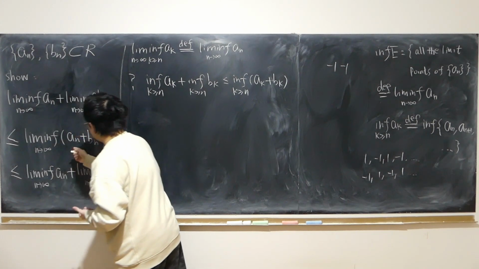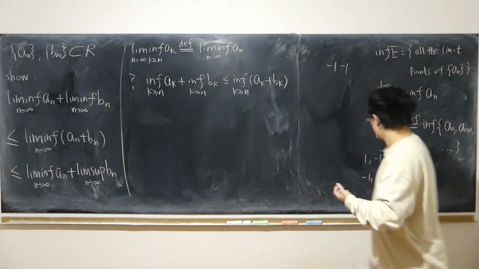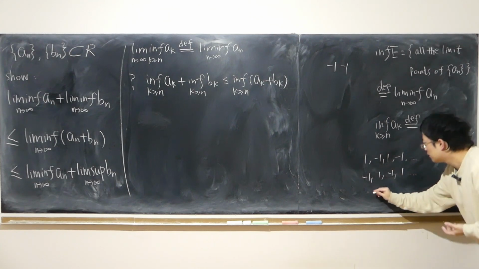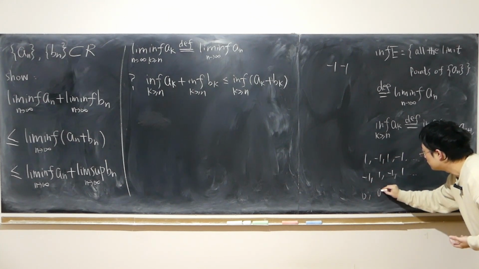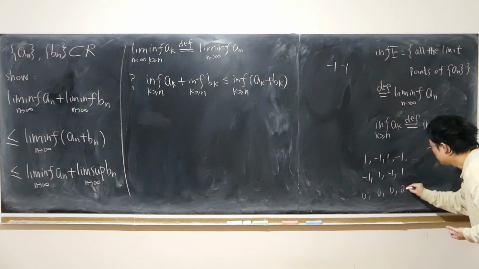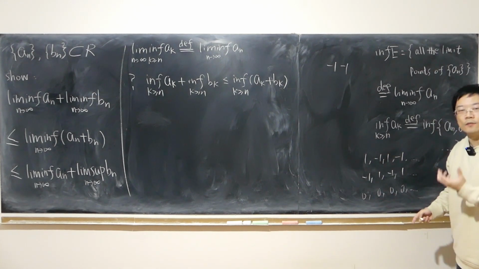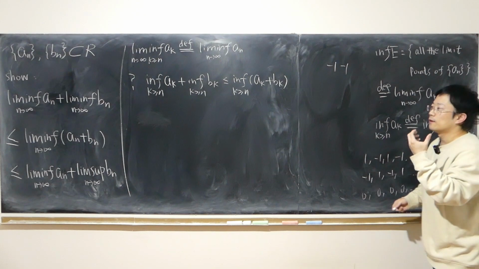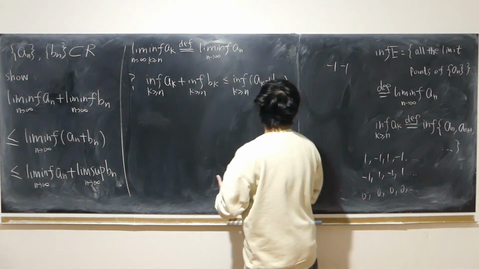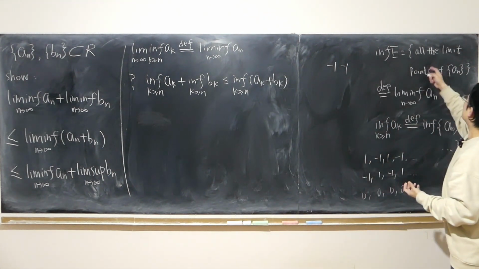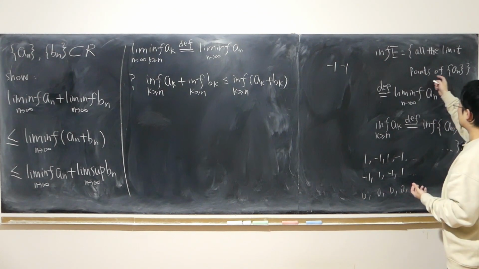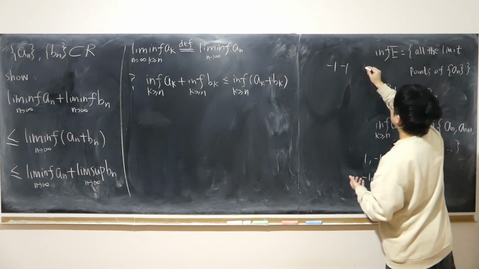How about their sum? The sum is 0, 0, 0, 0. It has already converged to 0, therefore its liminf, with all limit points nothing but 0, is 0.